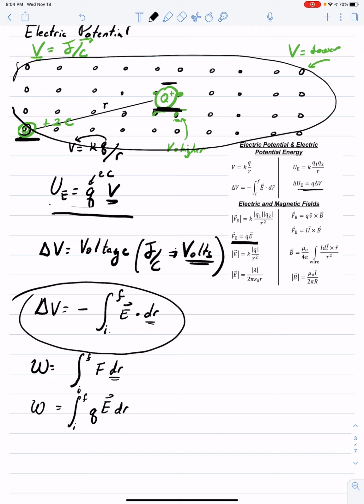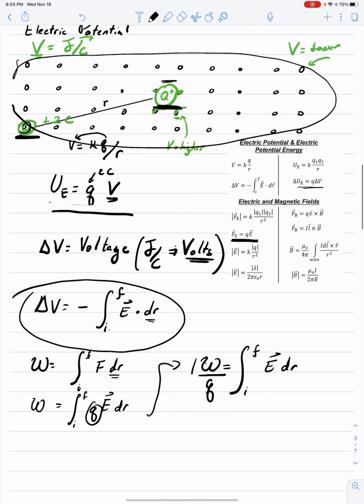If we bring Q to the other side, because what we're studying is not Q but the electric potential field, Q would be a constant. We would be left with the integral from initial to final of E, or electric field, times the infinitesimal distance r.